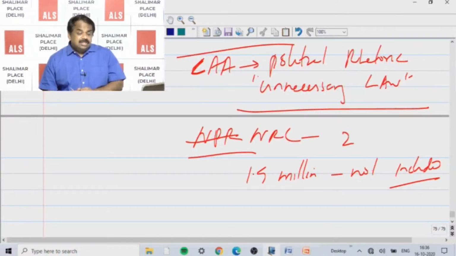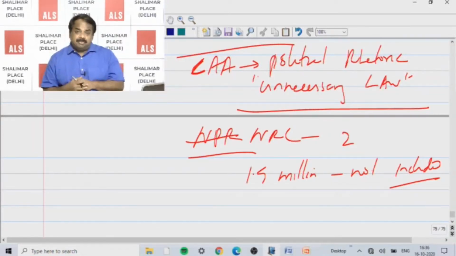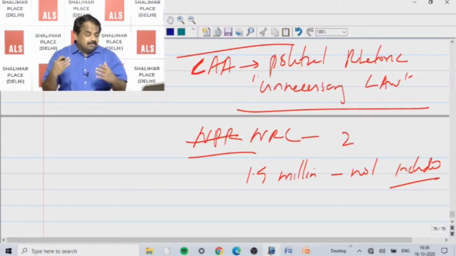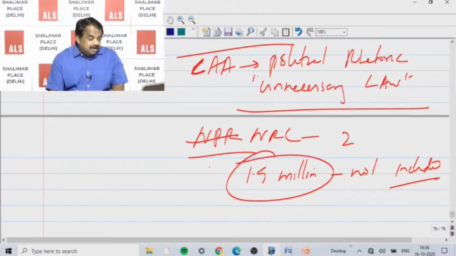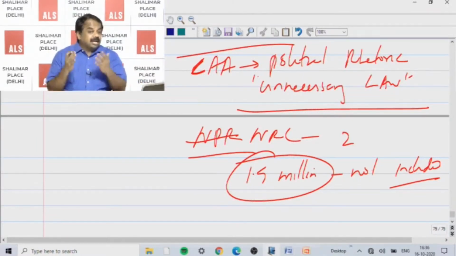So this has created a lot of ill will, because naturally the ordinary Bangladeshis were very upset, saying that you are projecting them as thieves or intruders. The most important thing is not the 1.9 million, it is more about the hype. And finally it was found that in the 1.9 million, not all are Muslims, the majority are Hindus.